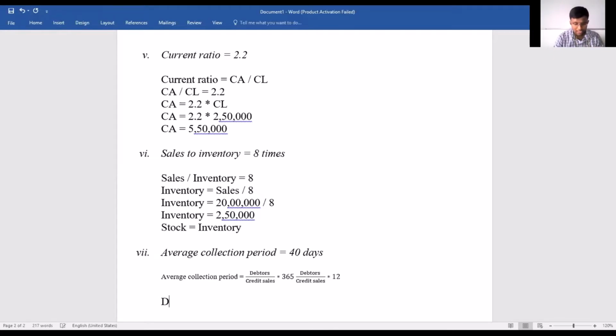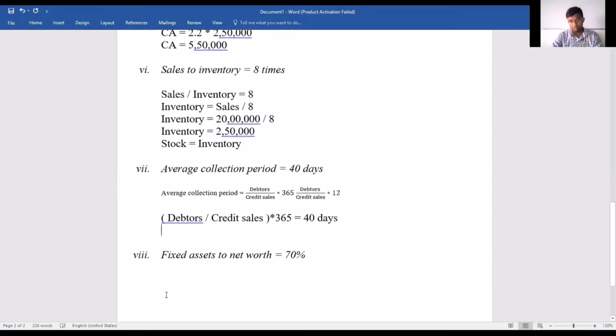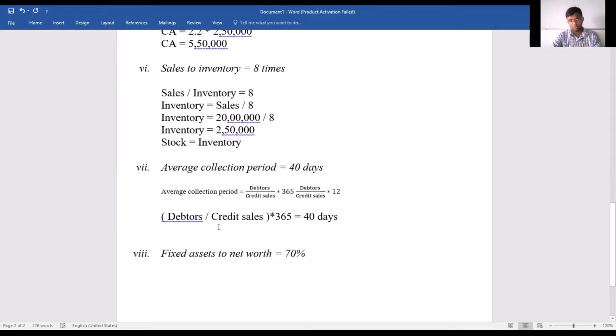So we know that debtors divided by credit sales into 365 is 40 days. This will work out to be 40.